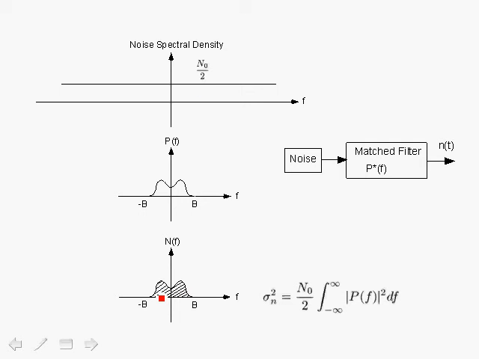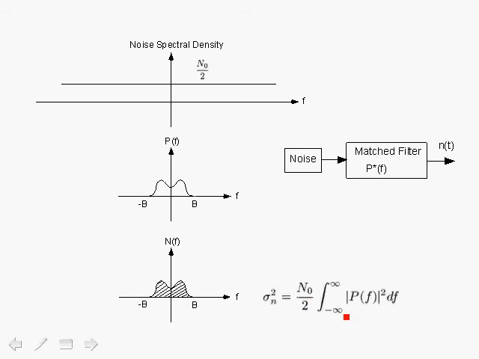the variance of that noise, which is equal to its power, would be equal to the integration over the whole power spectral density. So we integrate from minus infinity to infinity of P sub F squared. Now, since N0 is a constant, it will come out of the integral.